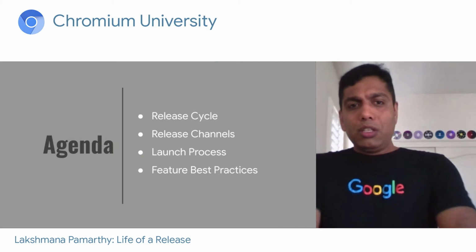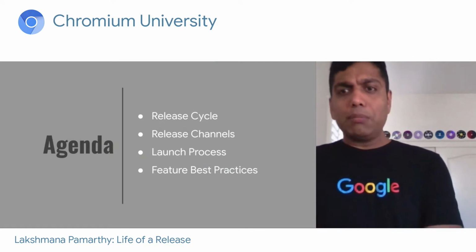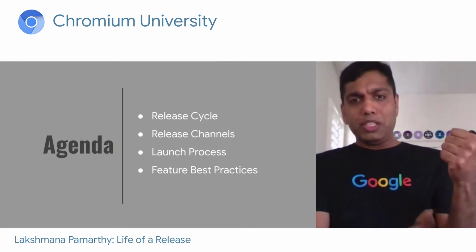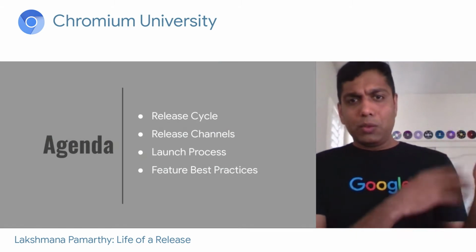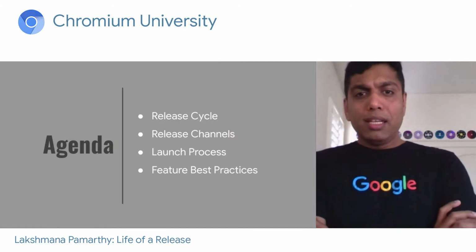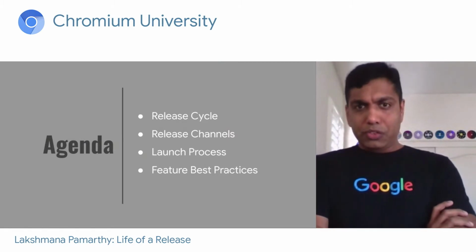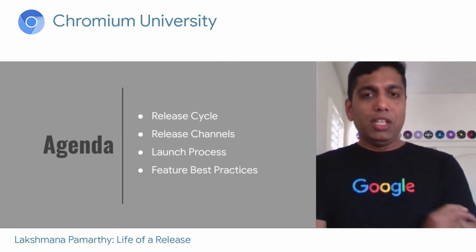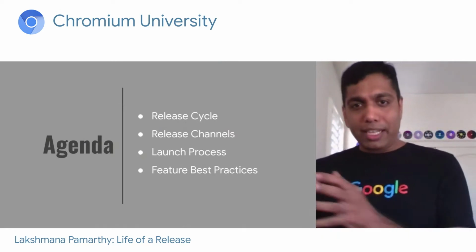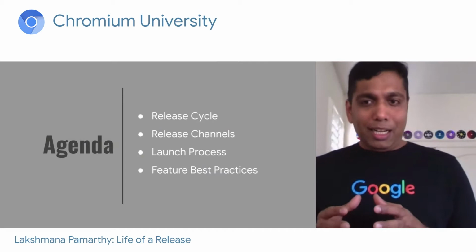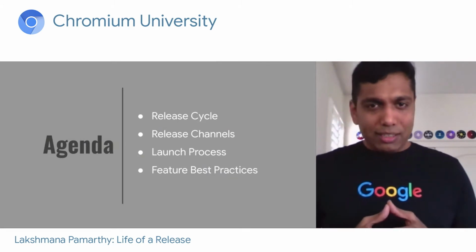I'm going to look at four main topics here today. One is how we do the Chrome release cycles. What goes into the release cycle? The next focus would be on the channels. What are the channels? How do those channels exist? What are the criteria for those channels? How does a release get landed in those channels?